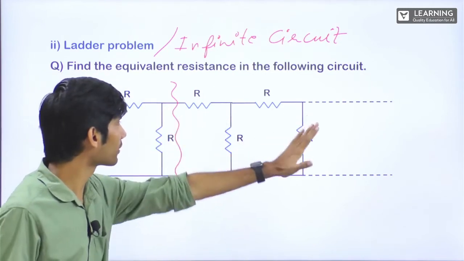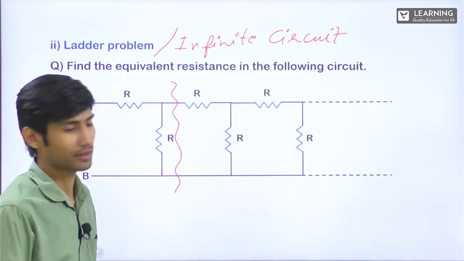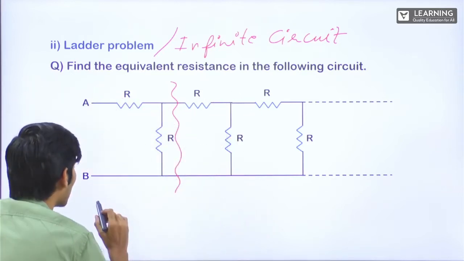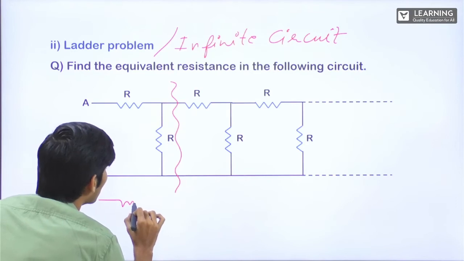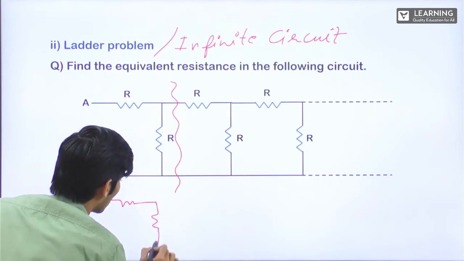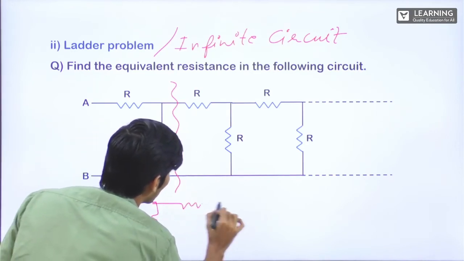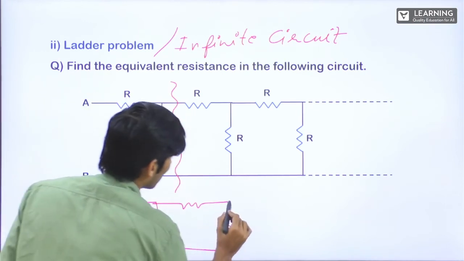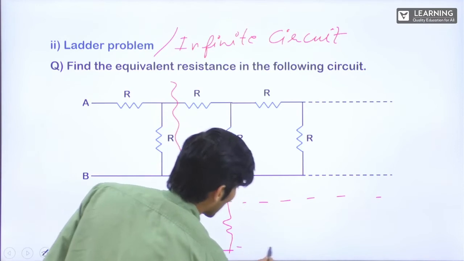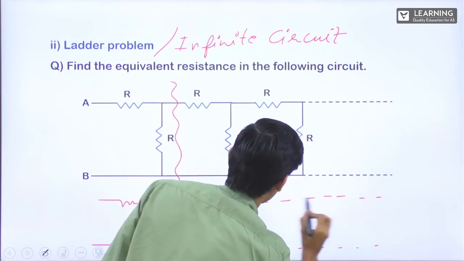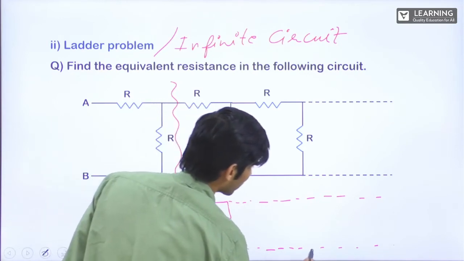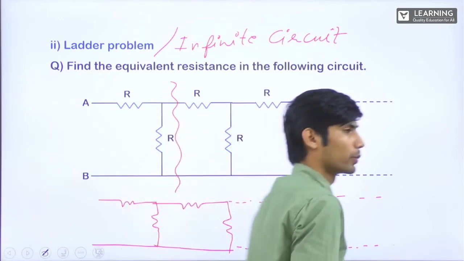See from here, if I cut and make this circuit below, let me see, I am making this circuit here. The circuit which is above and the circuit which is below.